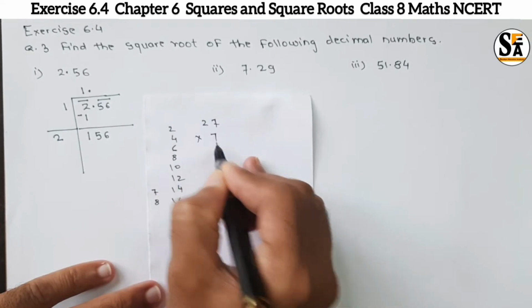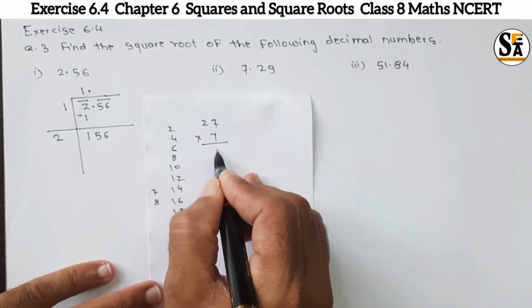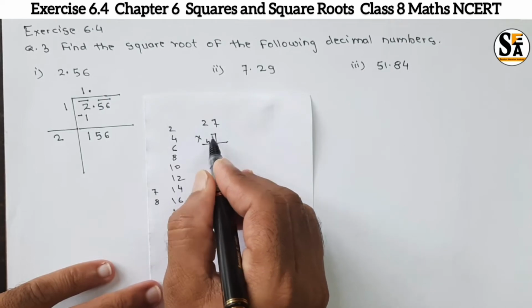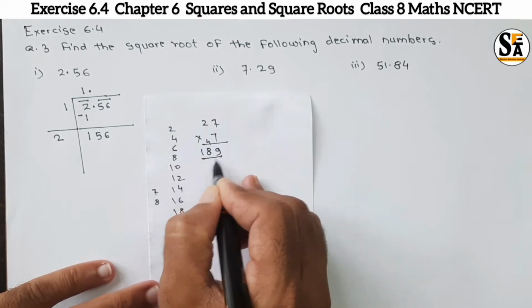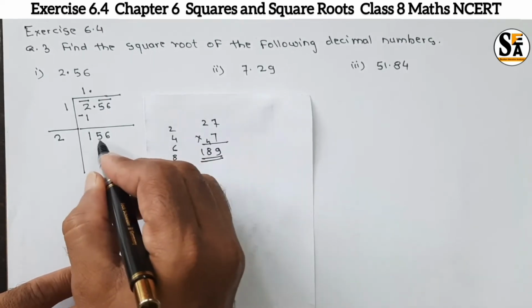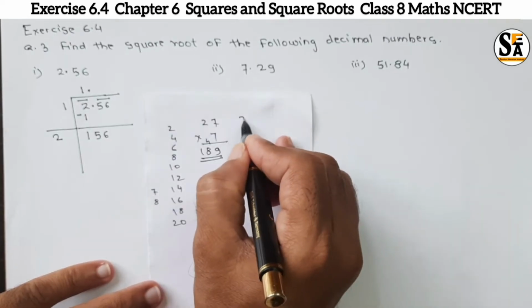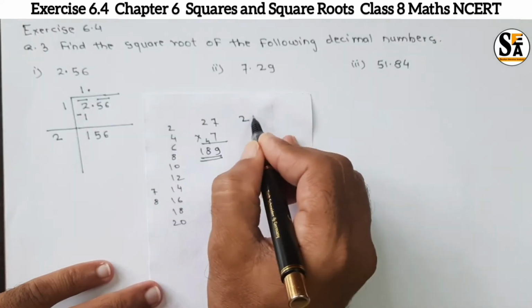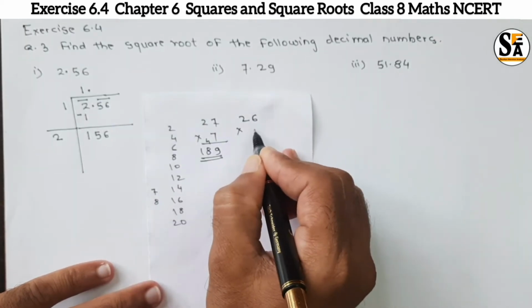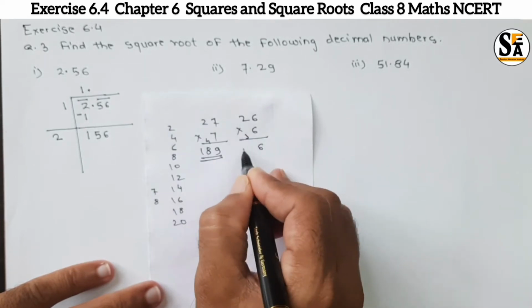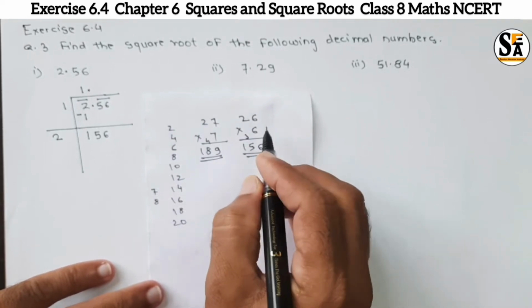Multiply: 7 7s are 49 and 4 carried, that will be 189. So 189 is bigger than this 156. So go to a lower number, that is 6. 26 into 6: 6 6s are 36, and 12, that is 156.